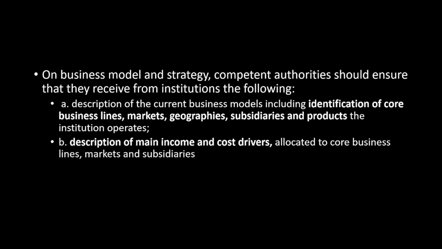On business model and strategy, competent authorities should ensure that they receive from the institution a description of the current business models, including identification of core business line, market and geographies, and subsidiaries and products. Now these things are not required as part of the Pillar 1 capital assessment, wherein banks are not supposed to provide too much detail about what the core business lines are, what markets we are operating in, what geographies we are present in, and what the subsidiaries are.